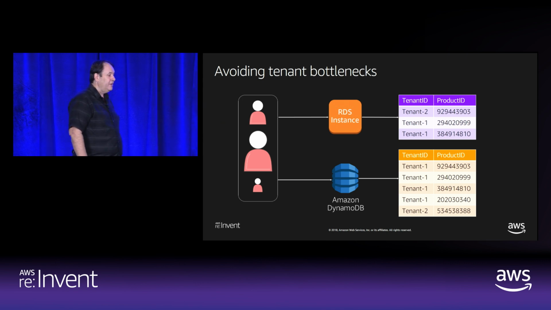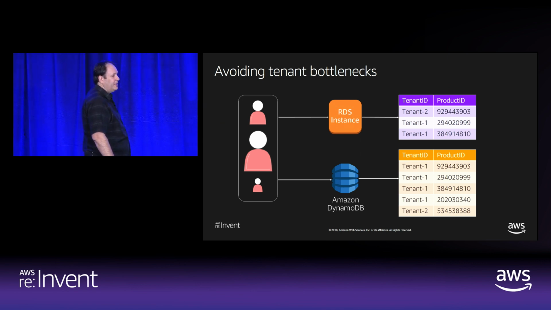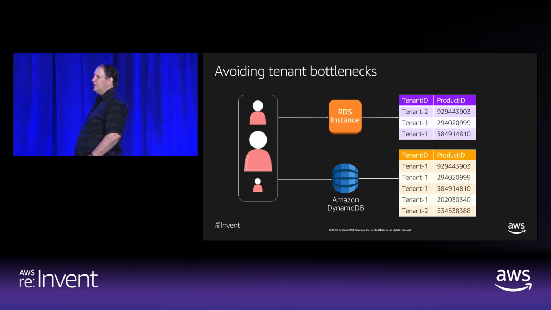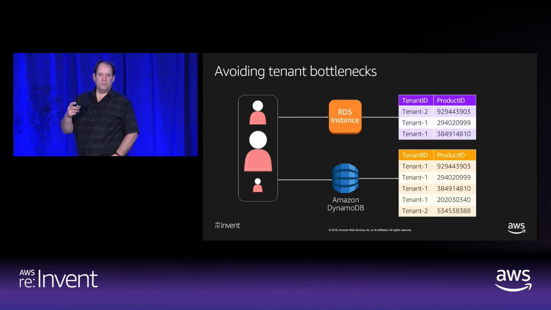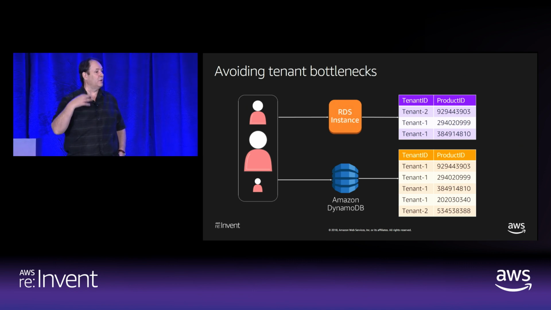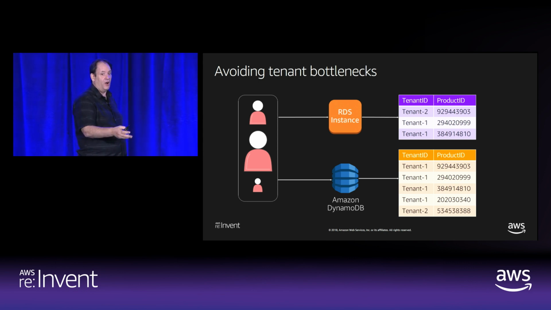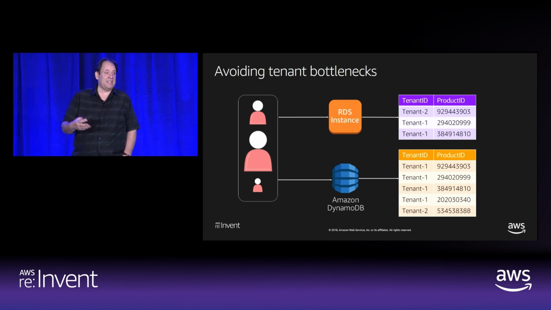So here's the other part of this, though, that nobody thinks about. And this is where I said partitioning at every layer matters. The thing I really want you to think about is, okay, I chose silo, I chose pool, whatever I chose. Typically, there's some kind of compute construct between me and the data, especially if I'm using a relational model. In fact, there's an RDS instance. That instance has a size.